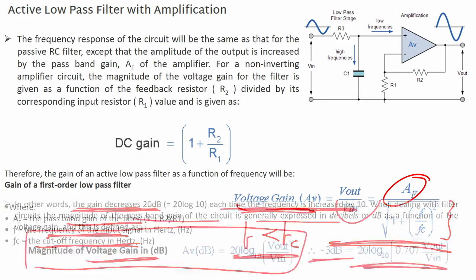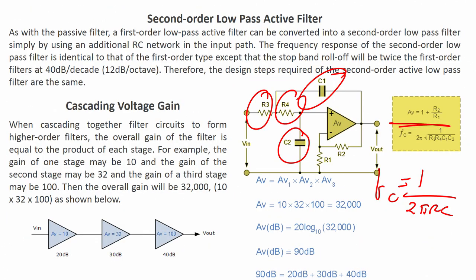If I use this, then in this case my frequency formula becomes FC equals 1 upon 2 pi under root of R3 R4 C1 C2.